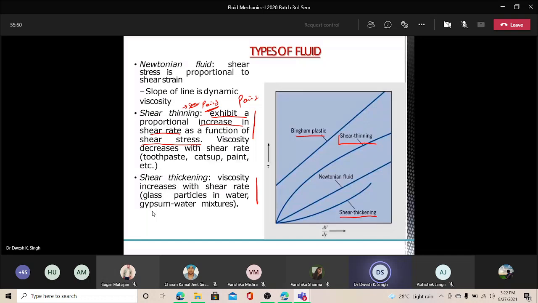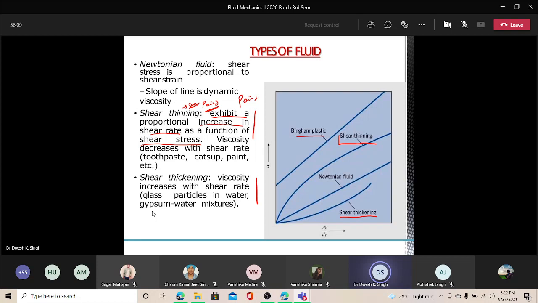because you can imagine, if someone uses a brush for painting, what happens when you apply the shear stress? Their rate of deformation increases. It means it very easily covers the wall.